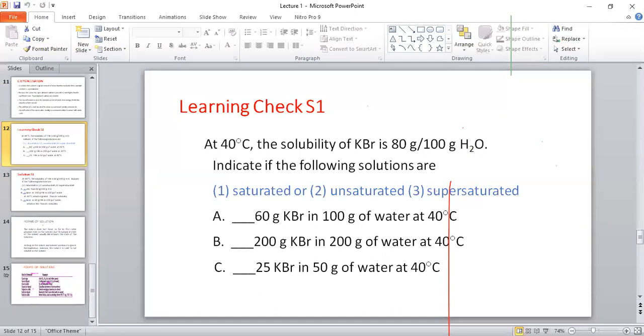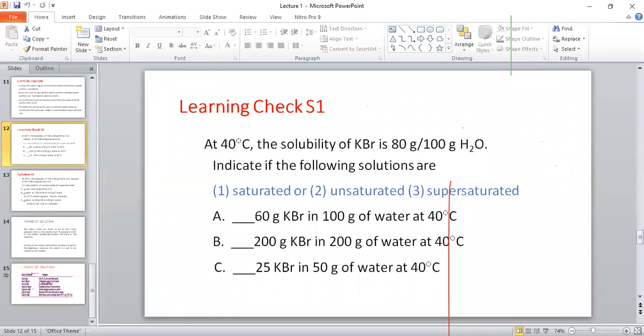That means once you have 80 grams in 100 grams of water, you have reached saturation. That is the apex of it. No solute can go in again. So that is the specific amount that can dissolve in 100 grams of water in this case.